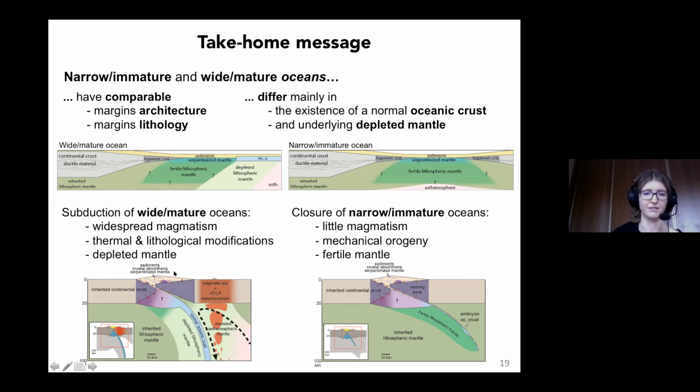And this may have implications on the subsequent orogeny, with the creation of a magmatic arc and depletion of the mantle when the subduction of a mature oceanic crust is protracted. In contrast, when the ocean is small, narrow, you don't create a magmatic arc, and you preserve much more inheritance and fertile mantle beneath the orogen.